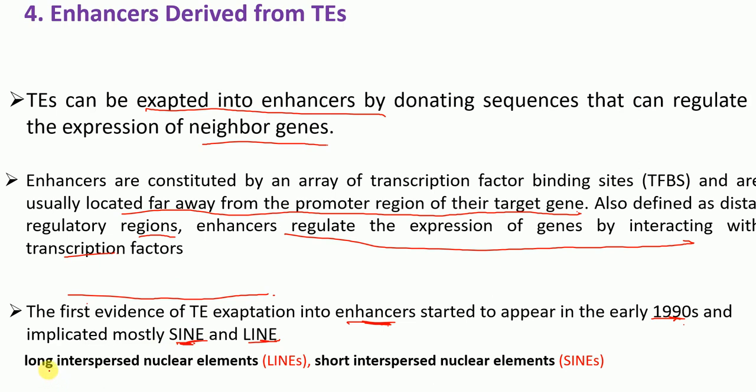LINE refers to long interspersed nuclear elements, whereas SINE refers to short interspersed nuclear elements. So these are actually transposable elements. Okay, so as an answer, transposable elements may regulate the function of genes.